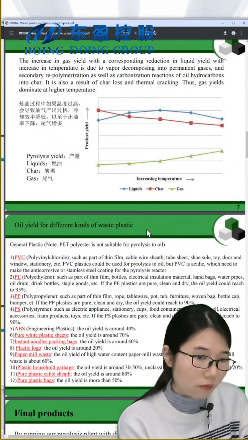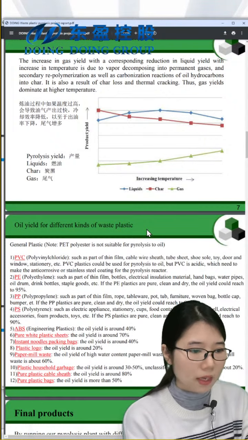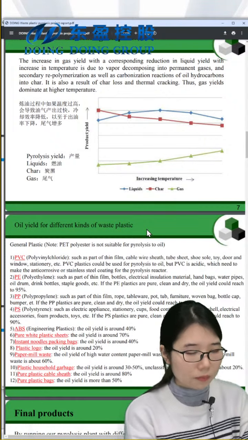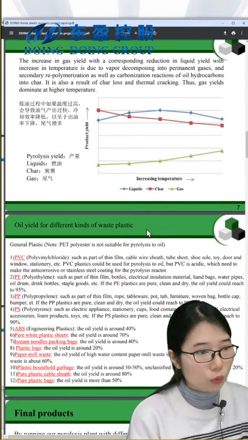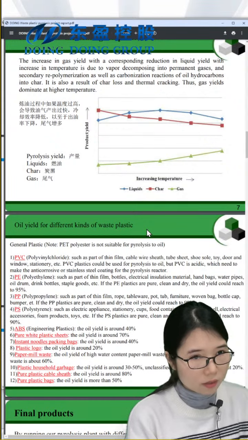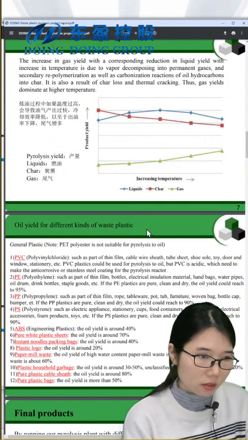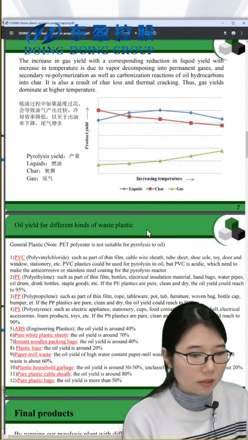But most of the customers will use mixed plastics, so the oil yield is from 50% to 17%. It depends on the content of your plastics.